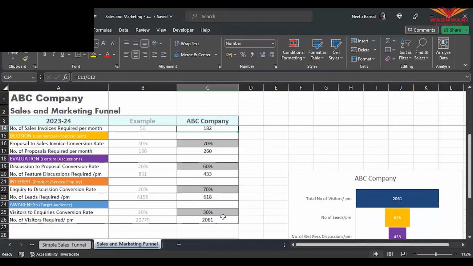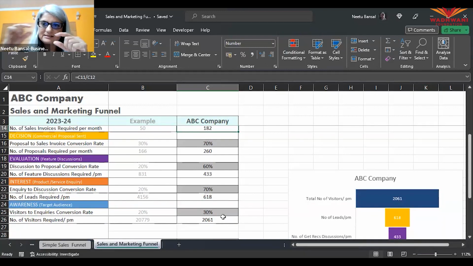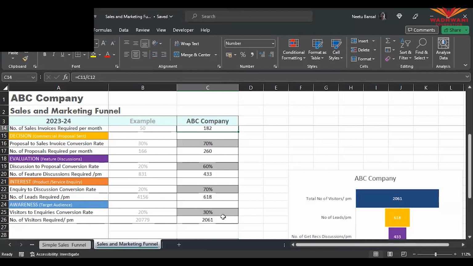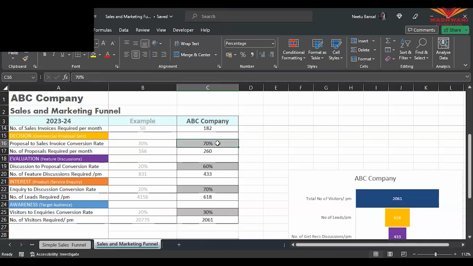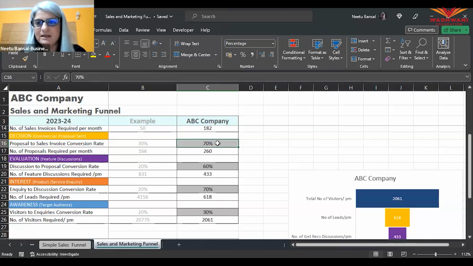You will be able to compare stage to stage and figure out at which stage you are being overconfident about your conversion rates or being overcautious, because we will end up doing a little bit of both. So you will be able to say, actually instead of 70%, which is the assumption, your real conversion was 85 as an example. So you know that this portion is where you're being overcautious.